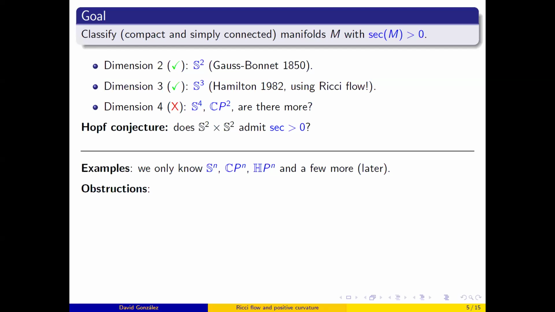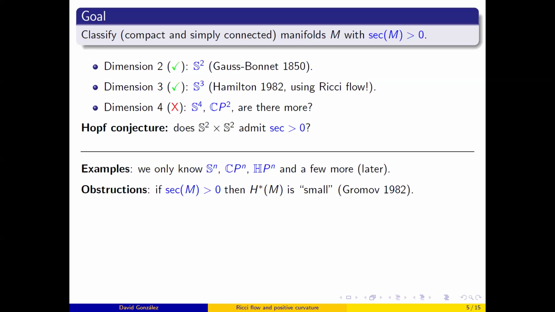But if you are not familiar with the field, you can just keep in mind that we know just a few. So what about obstructions? Well, it turns out that we essentially know one, which is due to Gromov. He proved that sectional curvature implies that, I wrote here a very vague statement, the cohomology is small or simple.